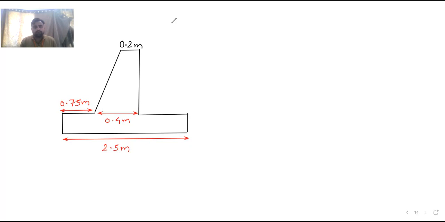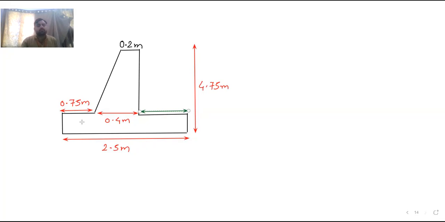So if you see this total height from this point up to here, this is 4.75 meters, and whatever remaining is there you can calculate easily. You know the total is 2.5.